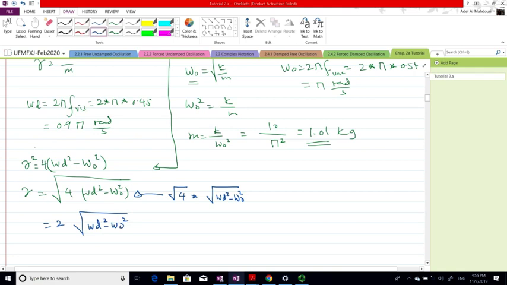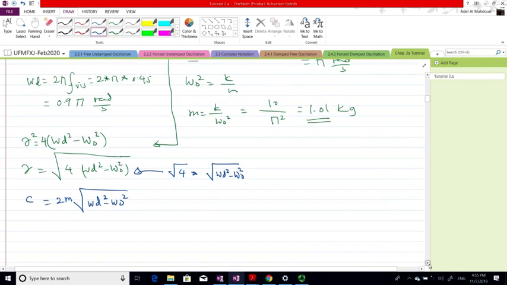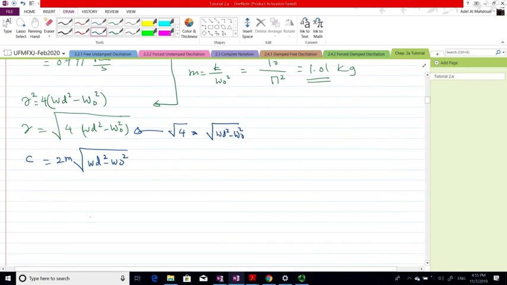But remember, gamma is C over M. So M will be in here, and C will be. So we can find the damping now. You need to have the M. You put the M, and 2 multiplied by 1.01 kilograms multiplied by 0.9 pi squared minus pi squared.